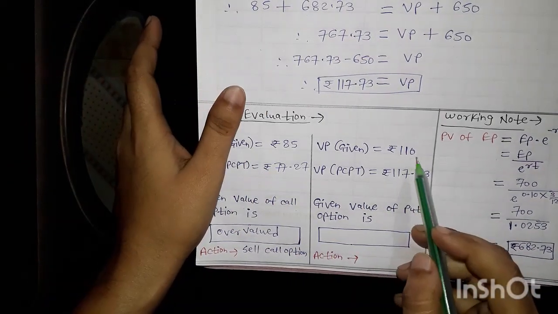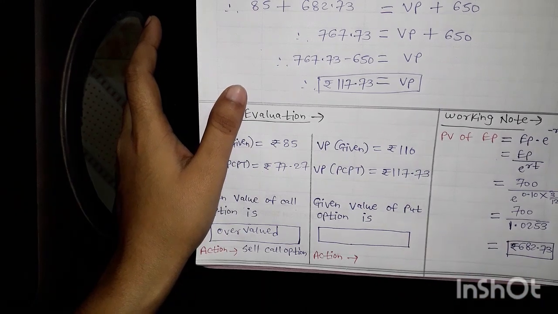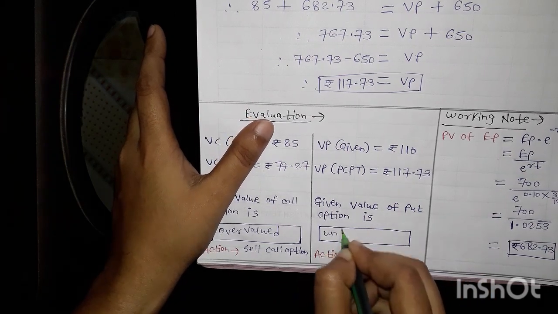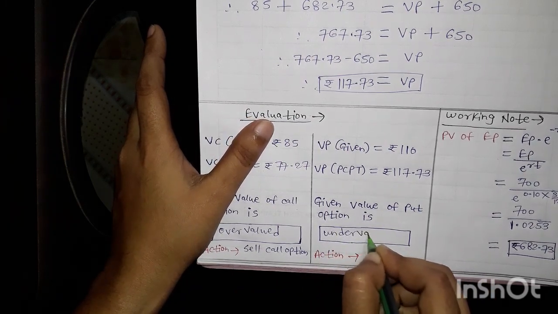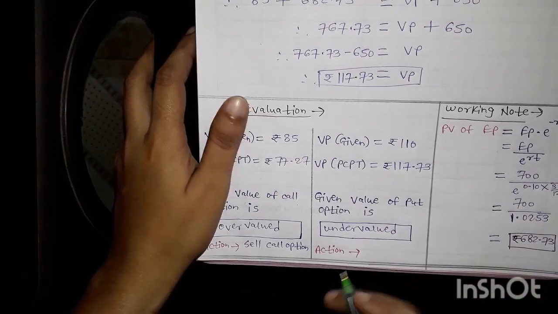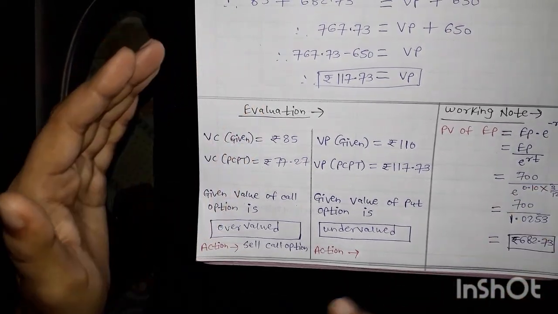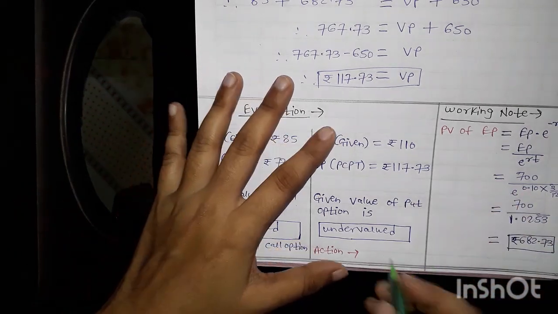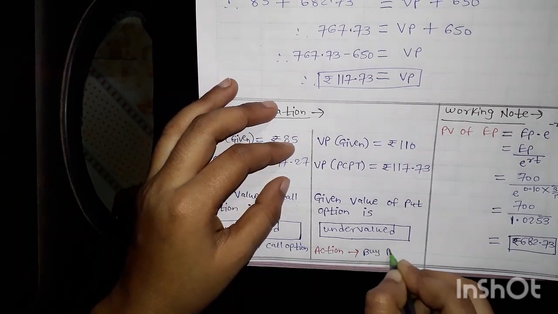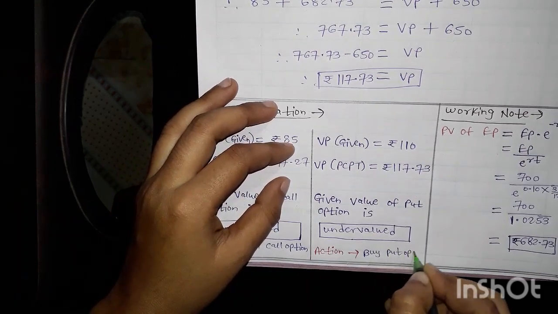So here the given value is lower. It means given value of a put option is undervalued. Okay, given value is undervalued. So if it is undervalued, we should buy put option.